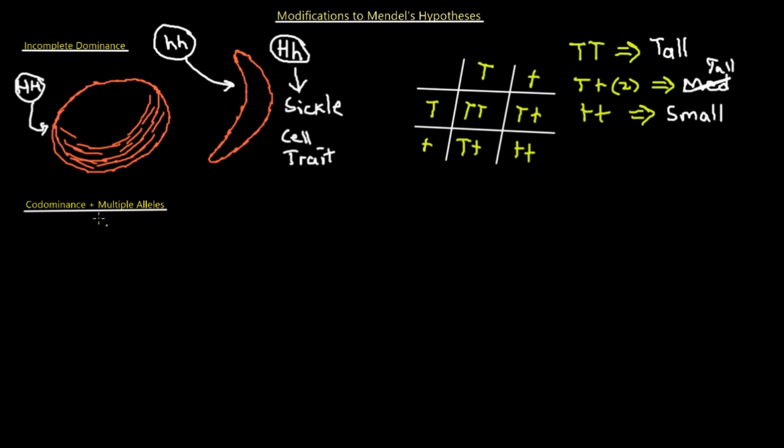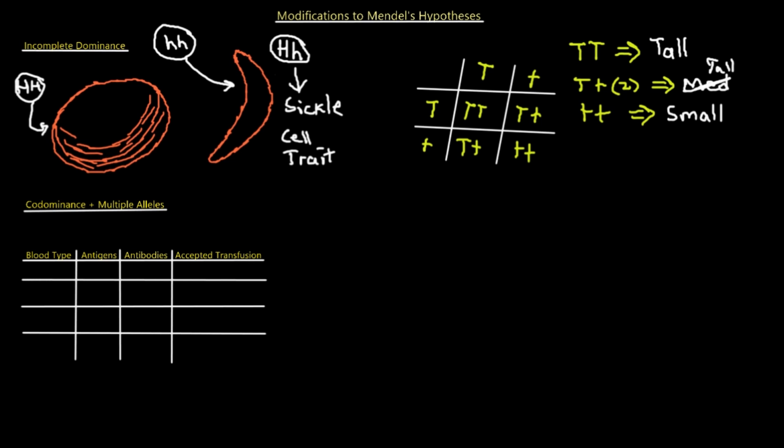And now we're going to take a look at the other two modifications, which are codominance and multiple alleles. We can explain this with one simple example that all humans contain, and that's our blood types. So let's label all of these.